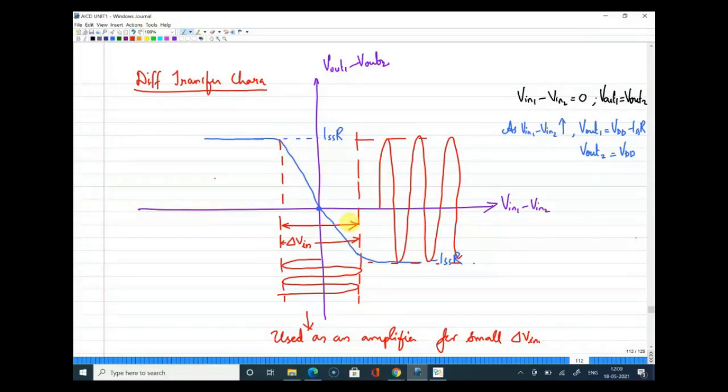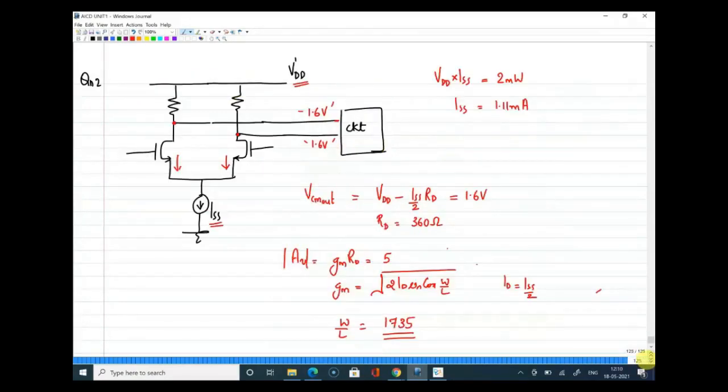So the linear part of the curve is this much. What is the meaning? You can give a differential input as large as this delta V, so that you will get an output without any distortion, right? So the delta V in max is related to this graph over here. This is the largest value you can apply as a differential input, which is a small signal input, right? Now I'll give you the equation for that.